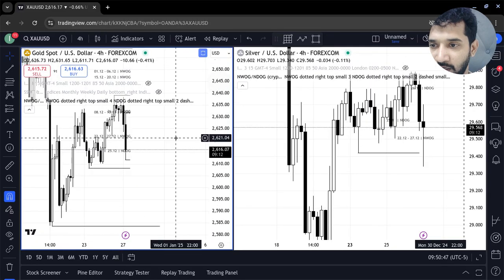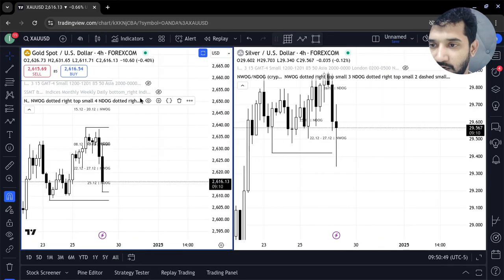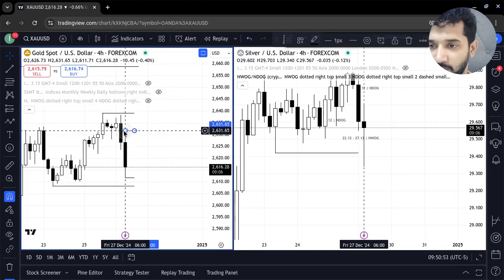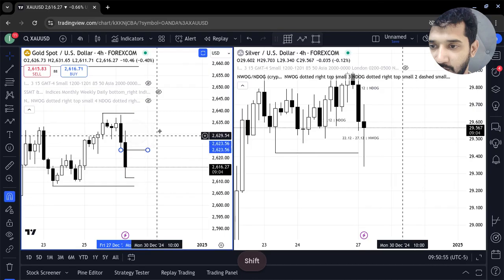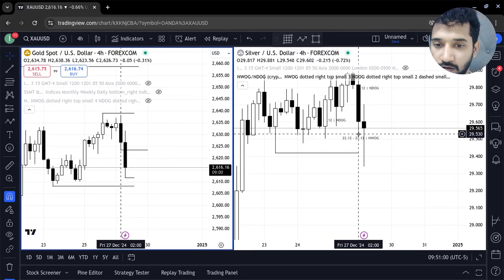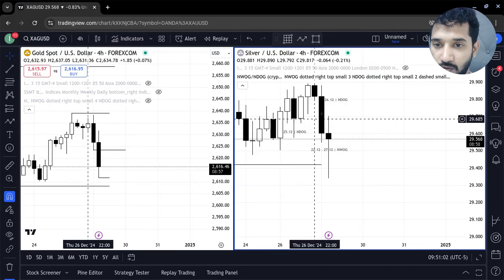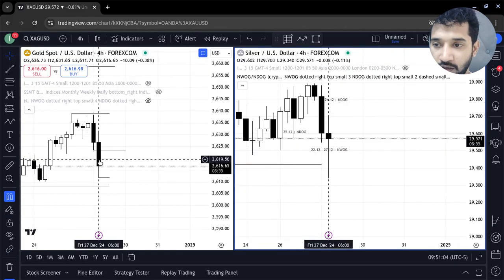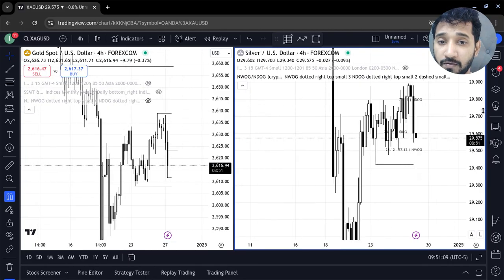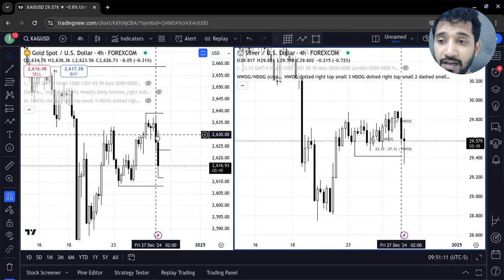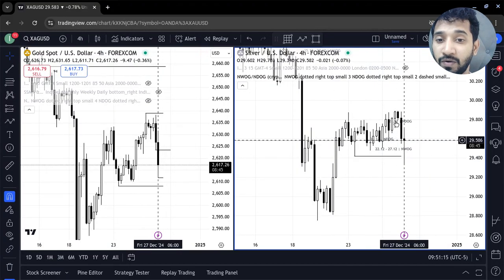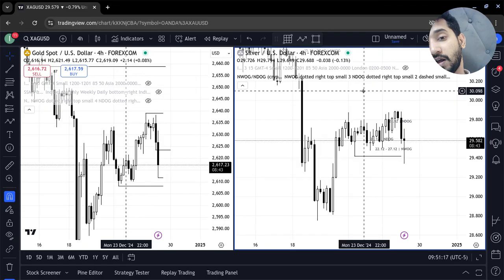Waiting for 10 a.m. actually. Let's see if we get a CRT or a continuation from here. This candle right here. Keep your eyes on the 2 a.m. candle, right? On this as well. While this is sweeping, this is closing below. Another correlation crack, right?